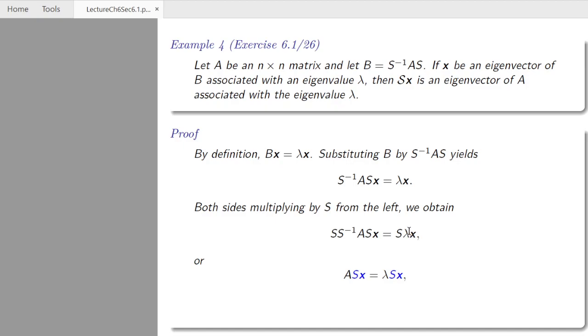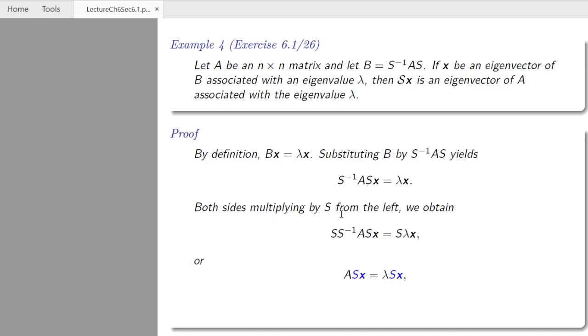Now here, this is a very important statement: multiplying by S from the left. Why from the left? Because x is an n by 1 vector, and we cannot multiply an n by 1 vector by S on that side. We can only multiply S from the left because the left side is n by n, so we can multiply it by an n by n matrix.